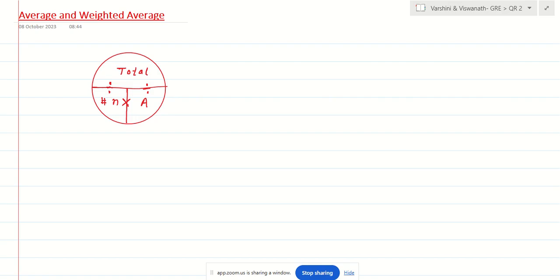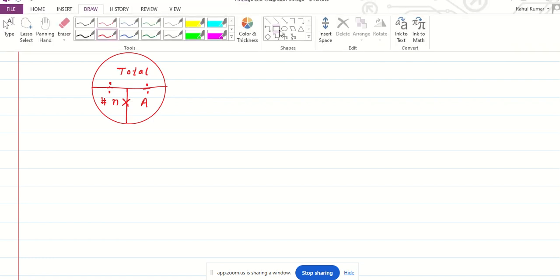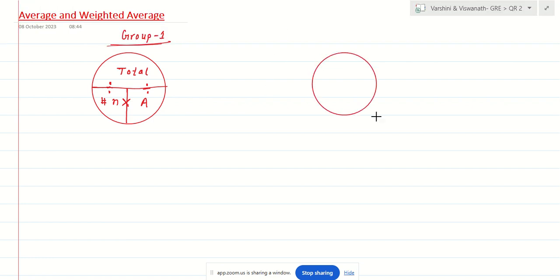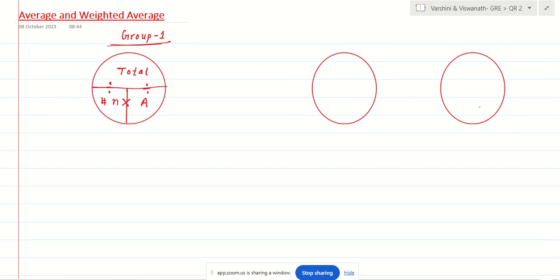Remember this: if there is only one group, with many people in it, I find the average. Weighted average means there are multiple groups.